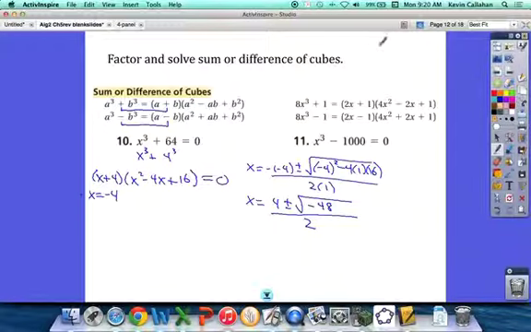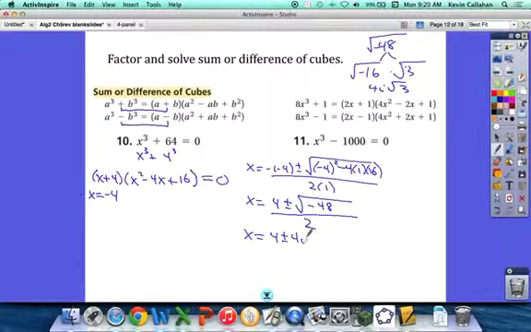And 48 is not a perfect square. We've done this one a few times. So you factor it as 16 times 3, and the negative comes out as an i. Square root of negative 1 is i. So this one looks like x equals 4 plus or minus 4i times the square root of 3, over 2, which is 2 plus or minus 2i root 3.